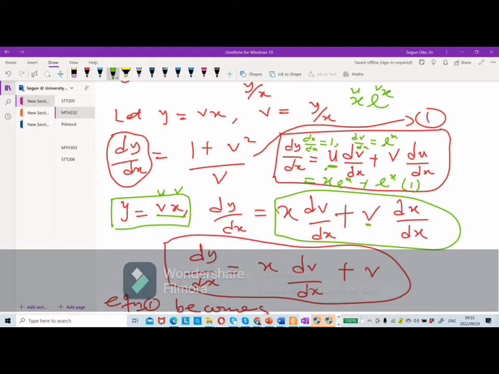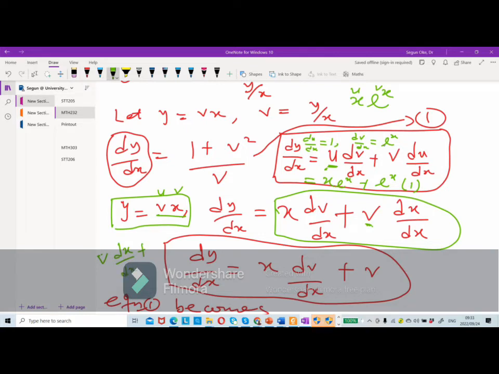I can rewrite this as v. I'm holding it constant and I differentiate. If I'm holding u constant, I have v, and I differentiate the x with respect to x.